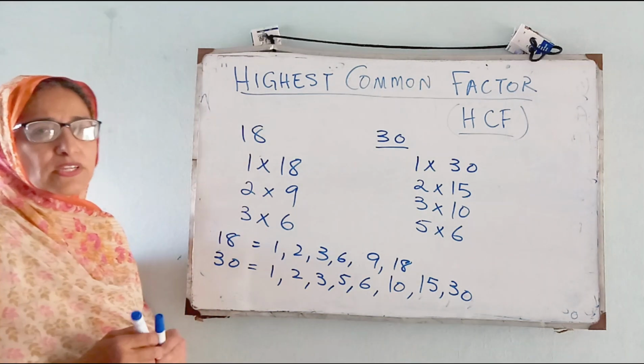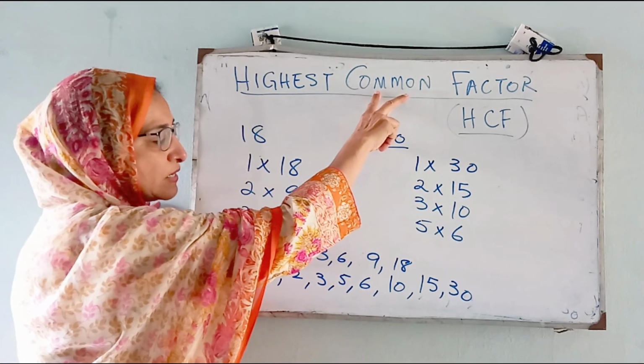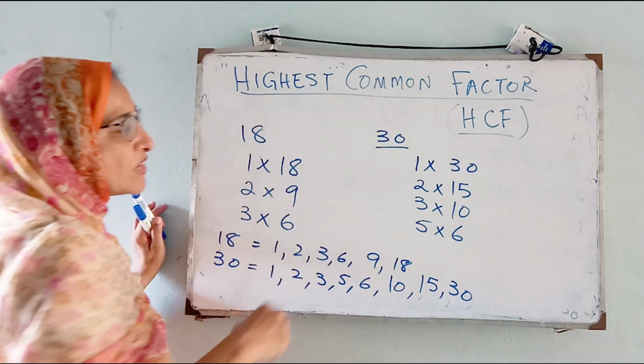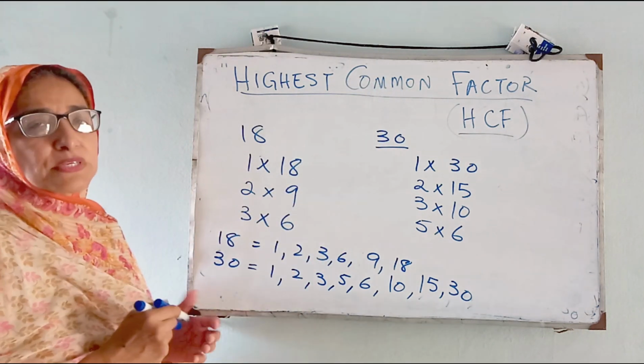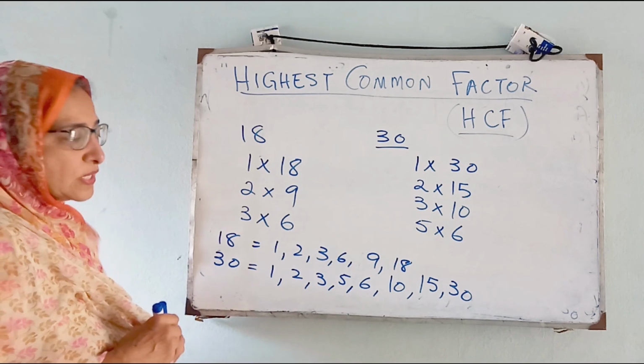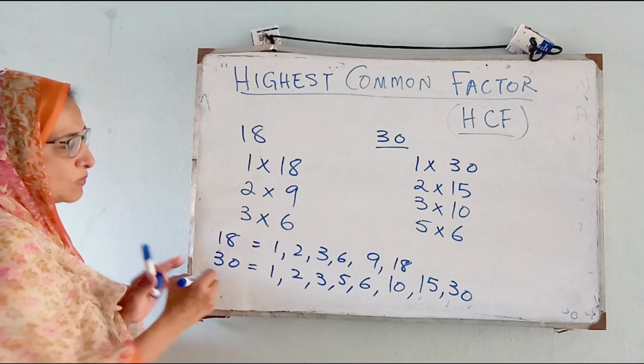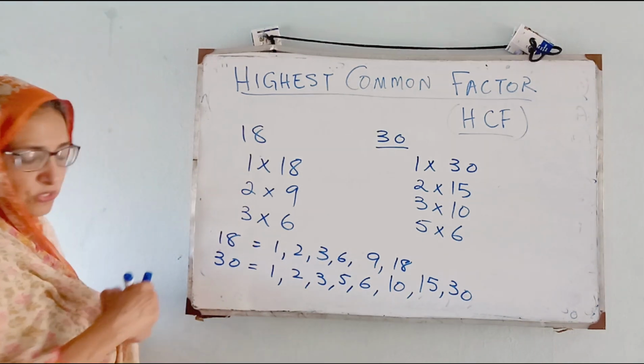After we have got the factors, we are going to find the common factors. When we have to find the common factor, that means the factor which is coming in both the numbers.